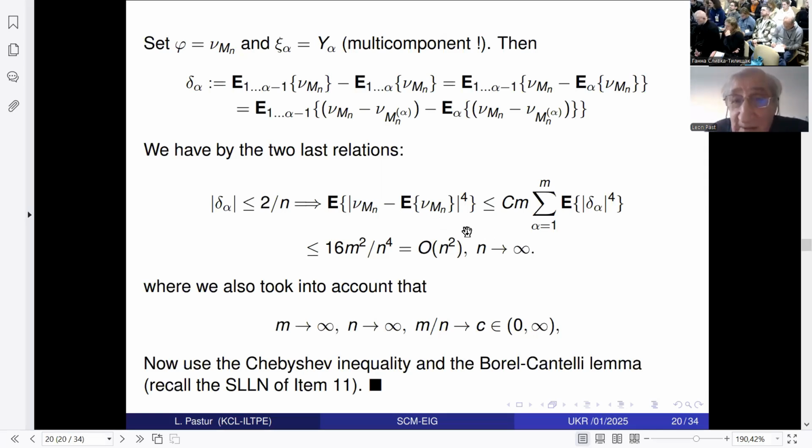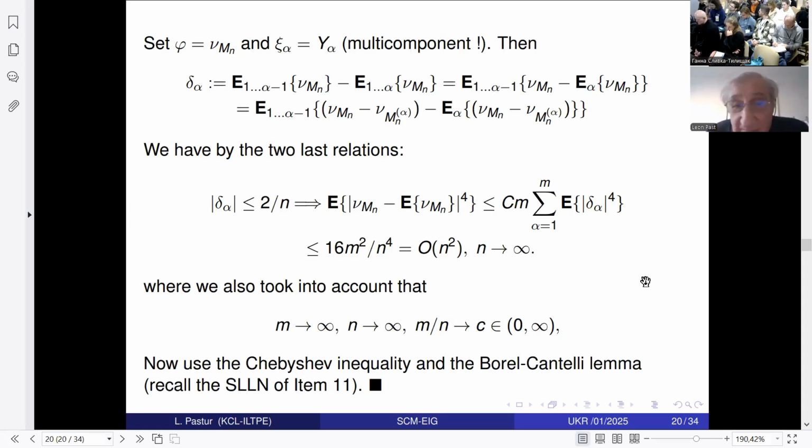If we are able to prove that the expectation converges to a certain non-random limit, which is much simpler, then this result, our proposition plus our would-be proof that the expectation converges to a limit, will give us the first assertion that mu mn converges to a non-random limit.